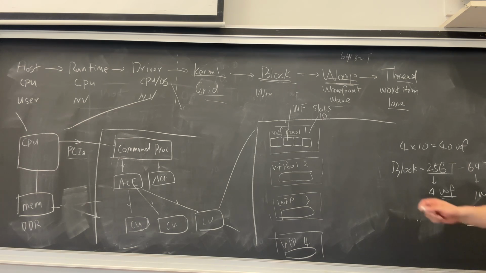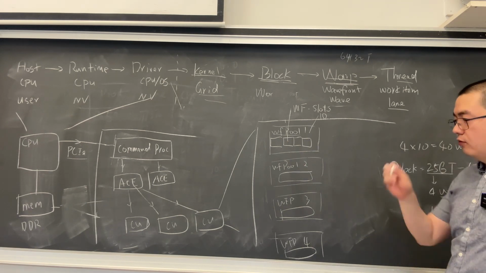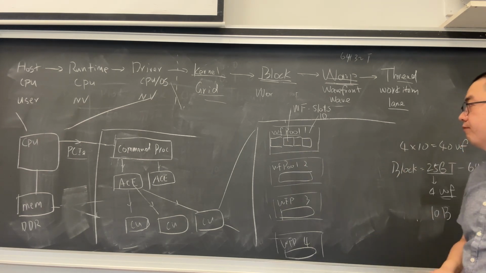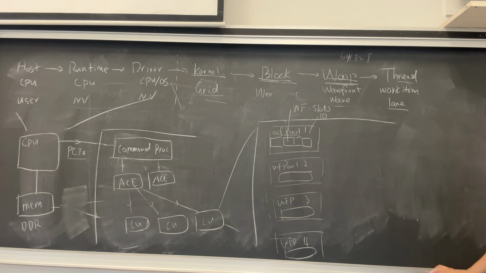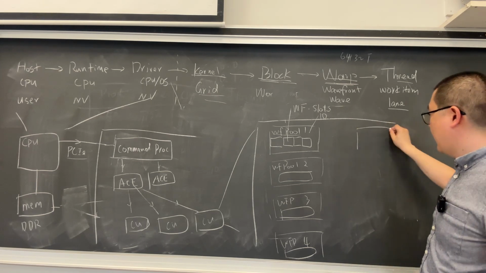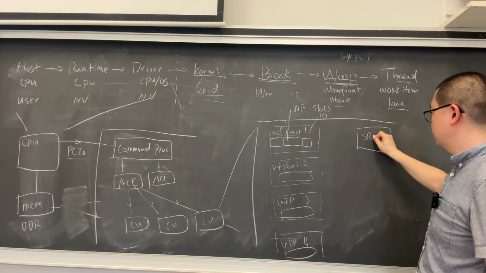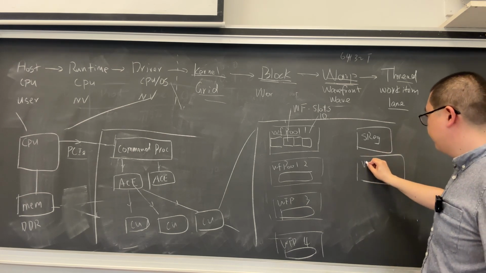So we have to have these resources to hold those wavefronts. What are the other resources? There are 3 other resources. Remember last time we were talking about S registers, and we also said there are vector registers.